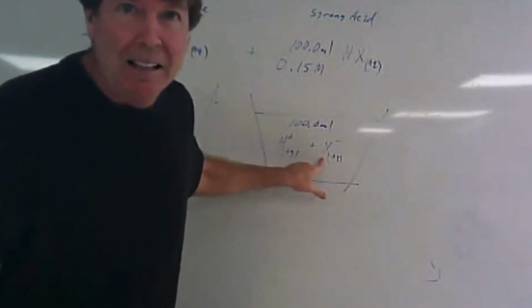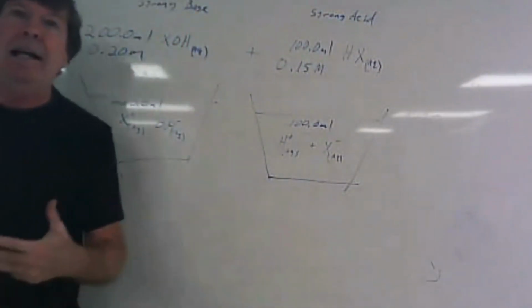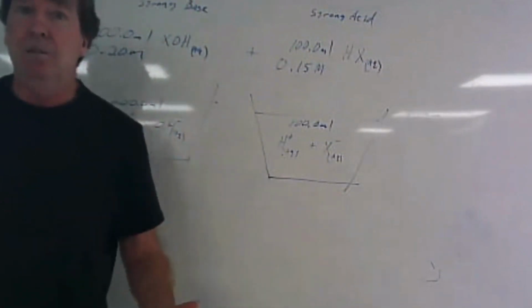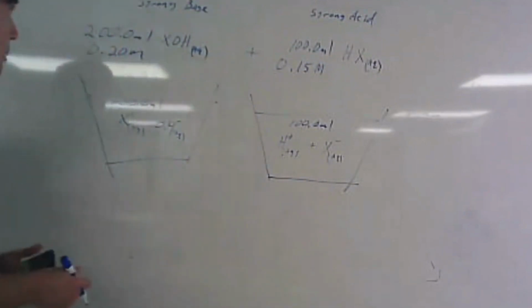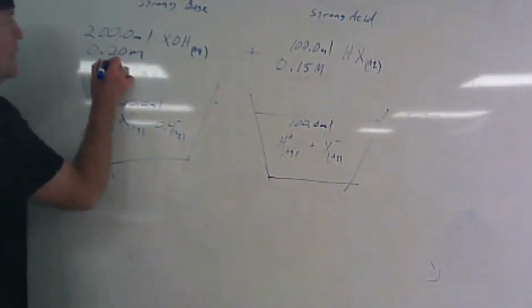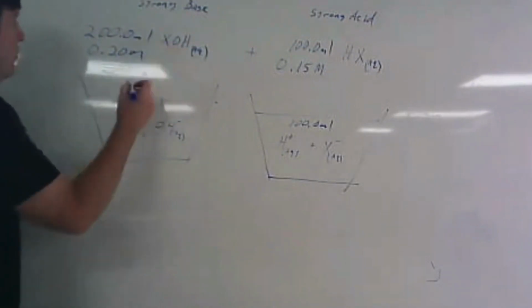Take your pick of a halogen. This could be any of the alkali metals, Na positive, K positive, could be cesium positive, Cs. But what if we want to know the pH of this? Well, all we need to know for the pH, this is the concentration of hydroxide.